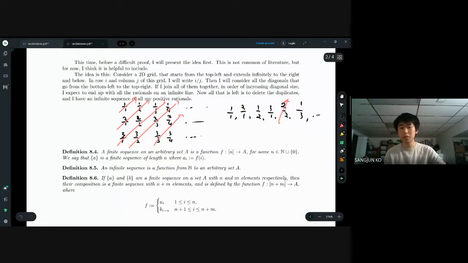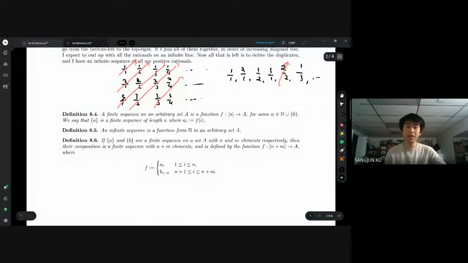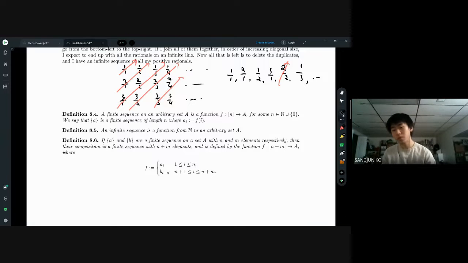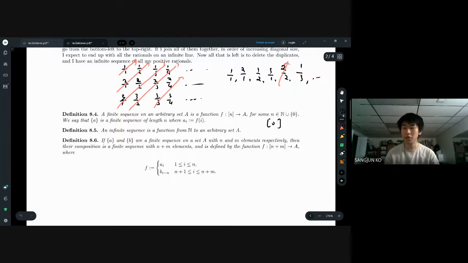So here are our definitions. We say a finite sequence on an arbitrary set A is a function from the subset of naturals from 1 through n to A, for some n in the natural numbers, and for 0 we write the empty set.